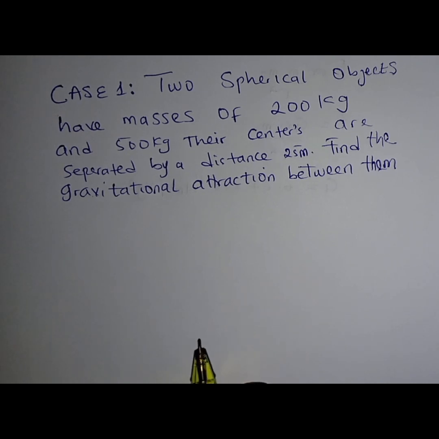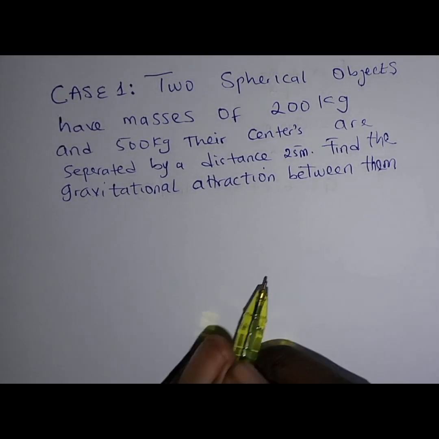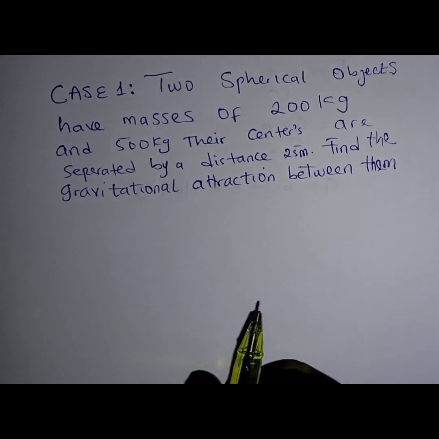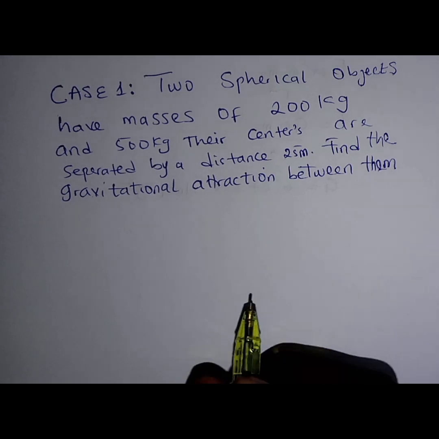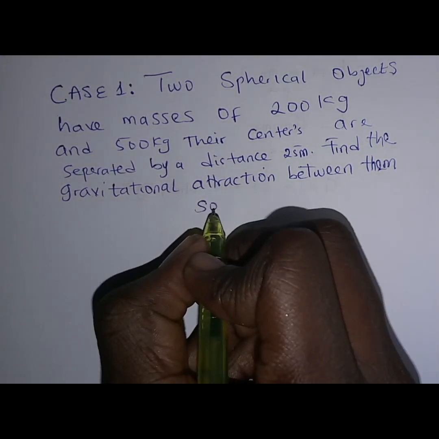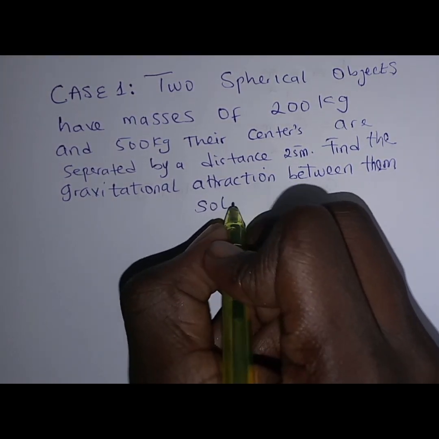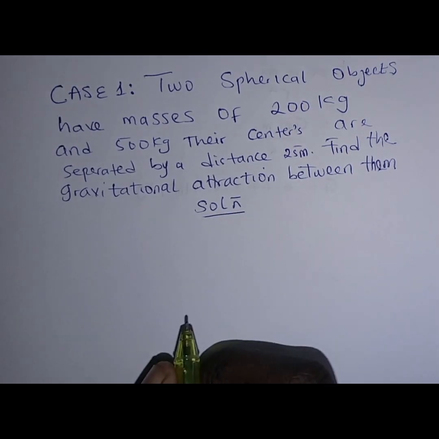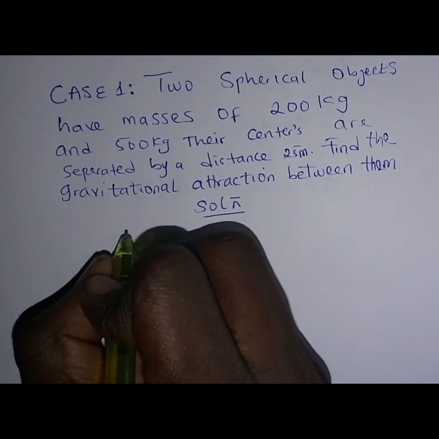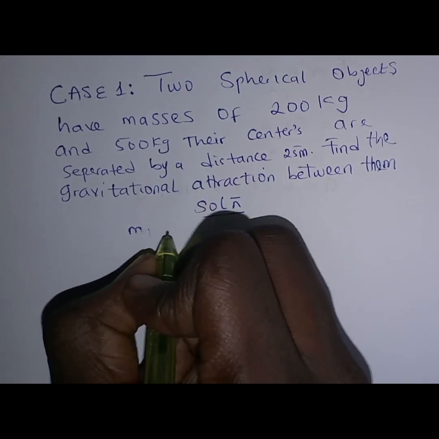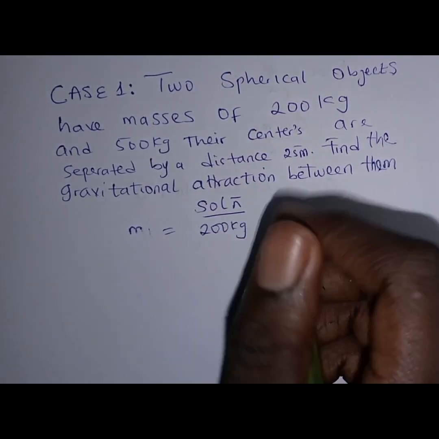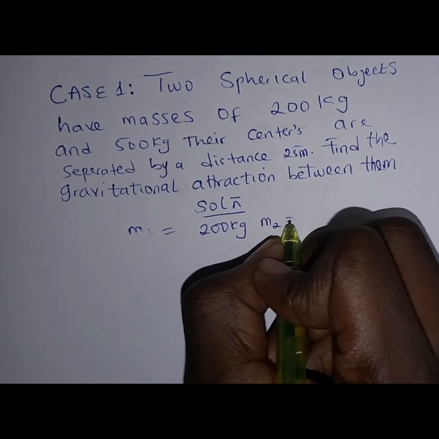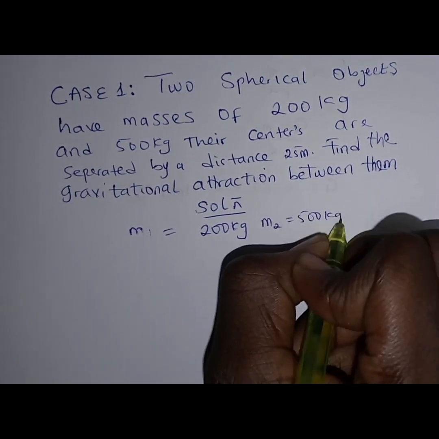Okay guys, so let's take this first question. As a case of study, two spherical objects have masses of 200 kg and 500 kg. So two objects have mass, that is M1 equals to 200 kg and M2 equals to 500 kg.